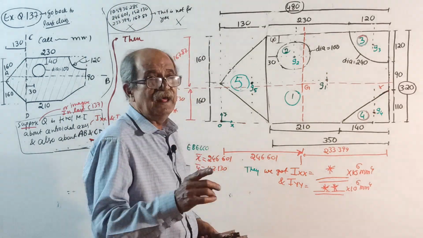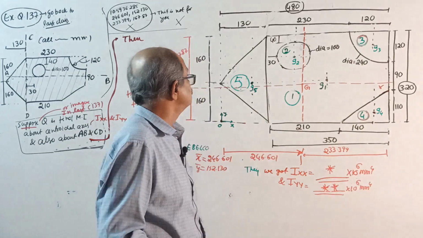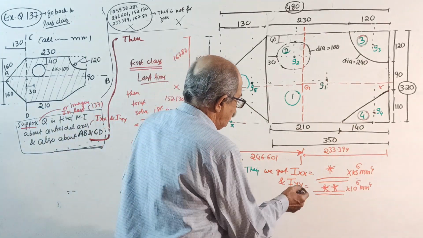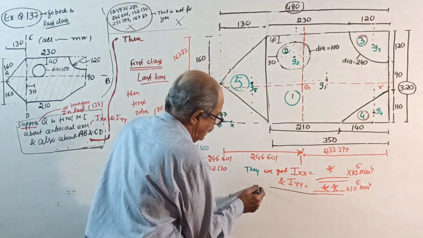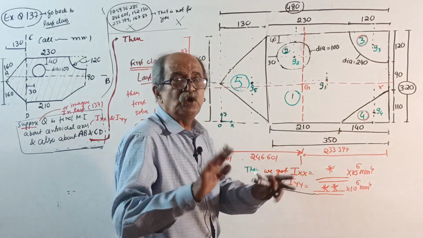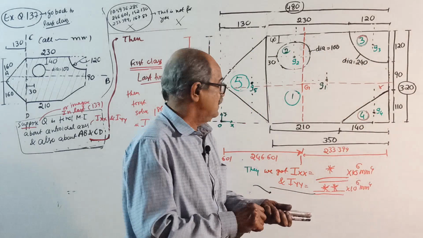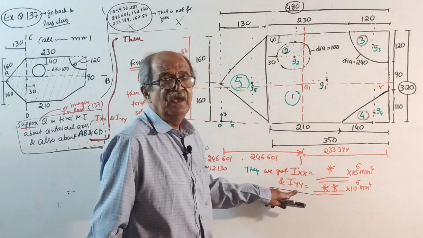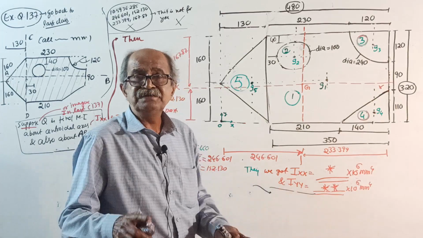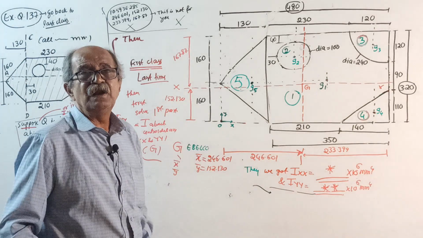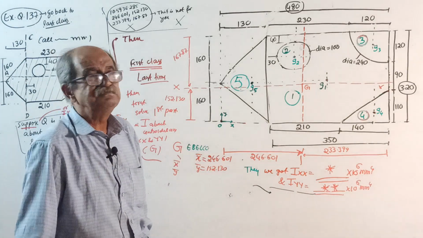Now, it is better if you write all the answers. Right here, when we got this one, we closed the question. Why? When you got this Ixx and Iyy, last class, question number 137, we stopped, the solution is over.